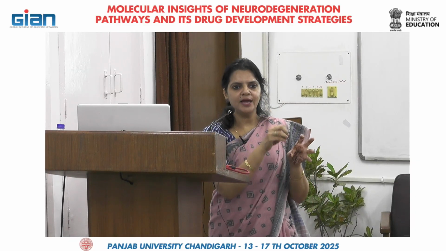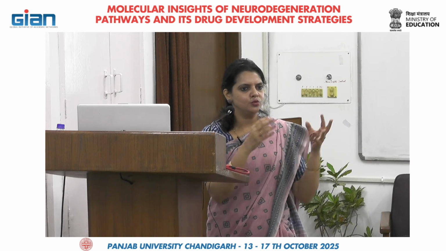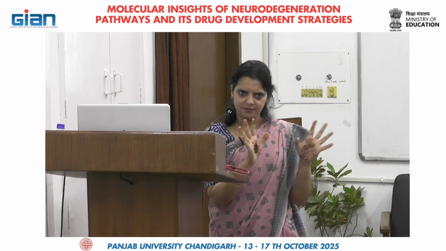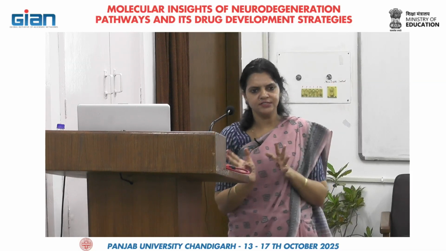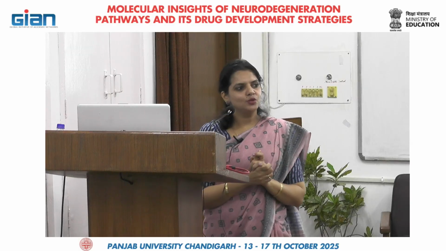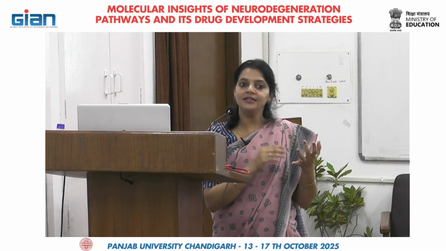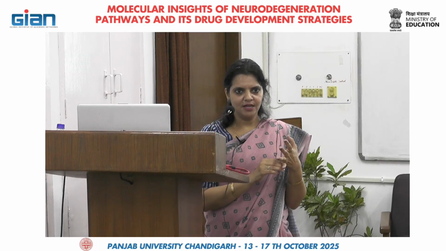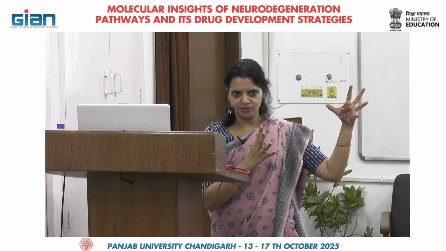They are going to stop the aggregation of these proteins. Like Lecanemab stops aggregation of amyloid beta, and so far we don't have any drug for alpha synuclein. Those drugs are effective when given at the early stage of the disease, because these molecules prevent the aggregation.